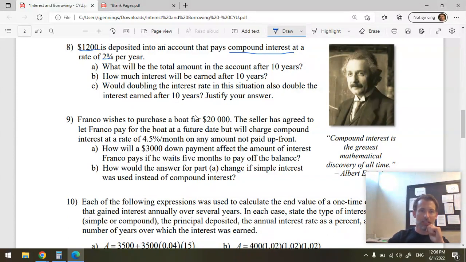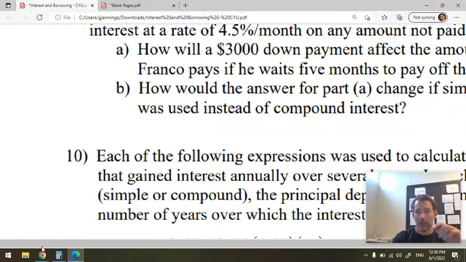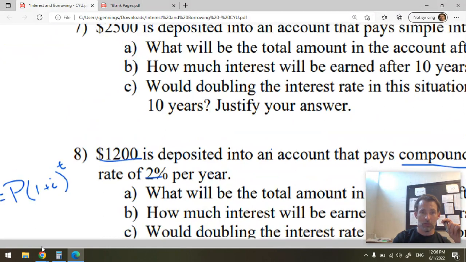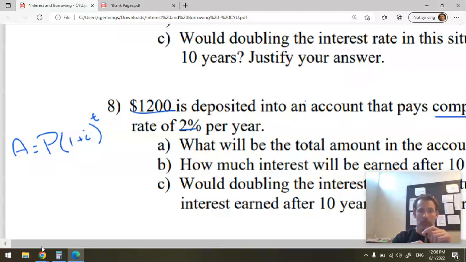Okay, so let's set up our formula. This is our formula here. The amount is going to be equal to the principal multiplied by 1 plus the interest rate raised to the power t, time. I is the interest rate as a decimal. So first we're going to need to convert that interest rate to a decimal. And we know that interest rate is 2%.